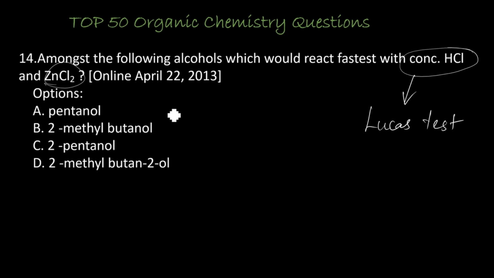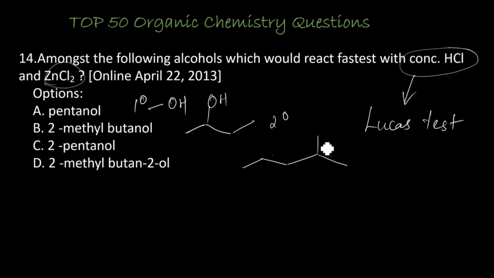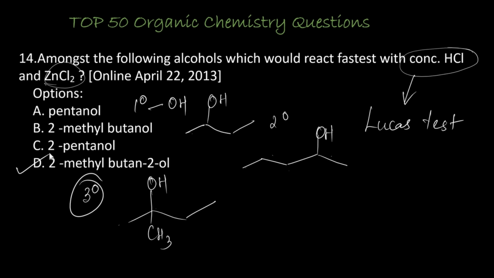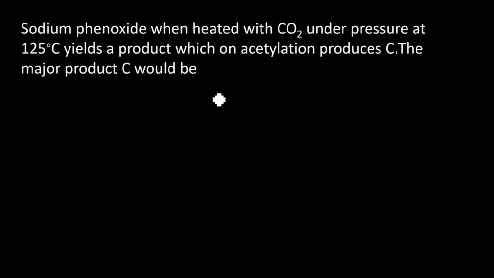So 1-pentanol, this is a primary alcohol. 2-methylbutanol is a secondary alcohol. 2-pentanol, that is again a secondary alcohol. Then 2-methylbutan-2-ol, right, which is a tertiary alcohol. So which makes option D your right answer.